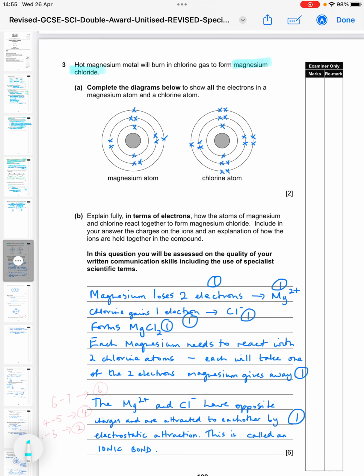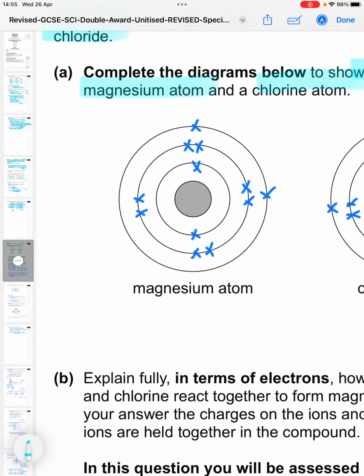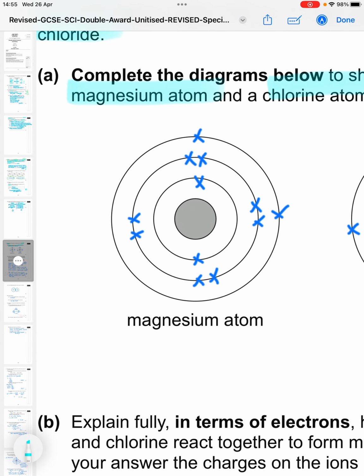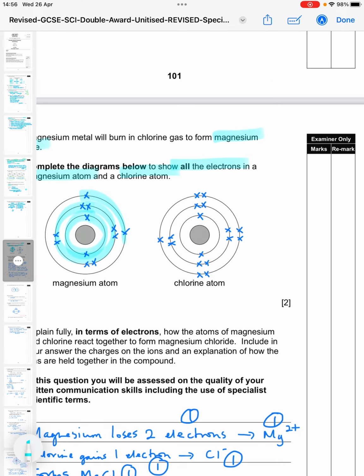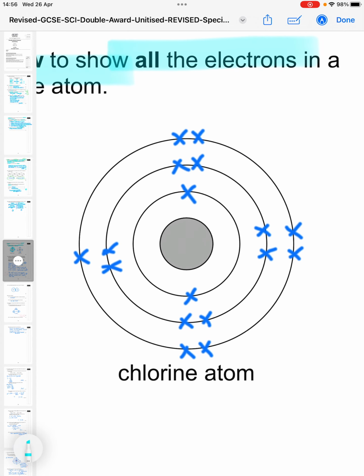Number 3, hot magnesium metal will burn in chlorine gas to form magnesium chloride. Complete the diagrams below to show all the electrons in a magnesium atom and a chlorine atom. So if we look at magnesium first, you know that it has 12 electrons. If you're not sure about that, look it up. Its atomic number is 12, so that means it has 12 electrons as well. So 2 in the first shell, 8 in the second shell, and then 2 in the outer shell, so 2, 8, 2.